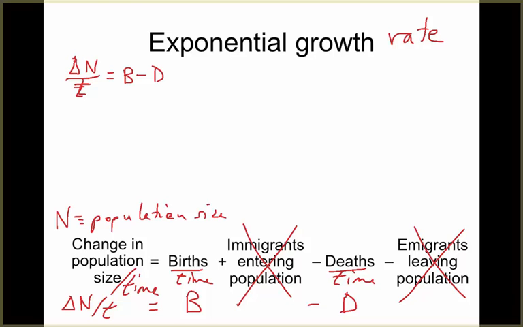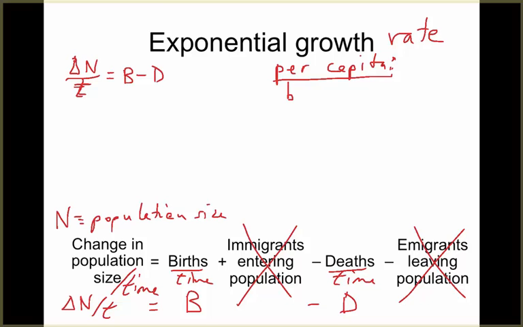Within a population, though, one often is looking at changes in a per capita sense. Per capita just simply means per individual. Capita has the same root as head. How can we switch to per capita? Well, instead of total births per unit time, we'll consider per capita birth rate.